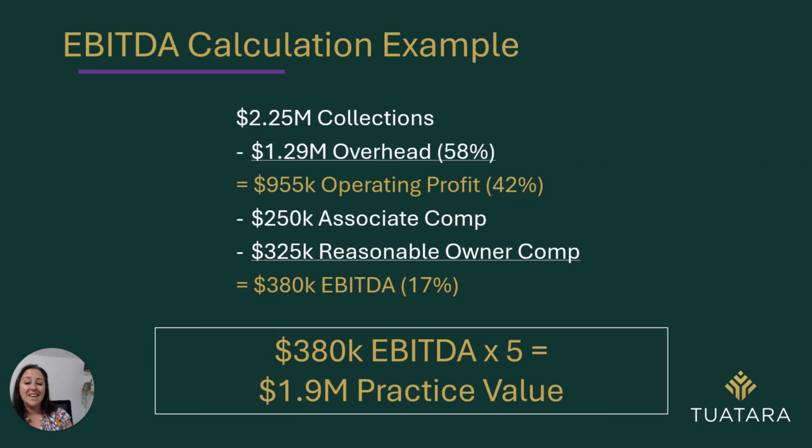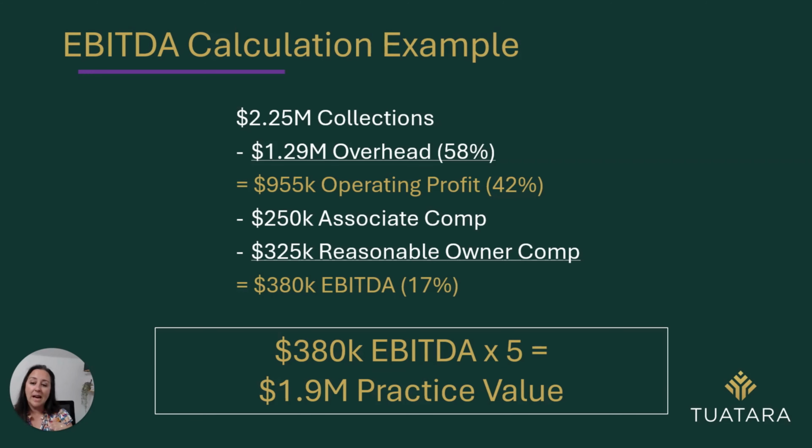We are going to then take the same logic of what we're paying for our associate, and we're going to apply that to our owner as well. That's how we estimate our reasonable owner comp. As an owner of a practice, you are likely reimbursing yourself for more than you are the associate. That is not a bad thing. That is absolutely appropriate, but we don't want to overburden the practice with that expense.